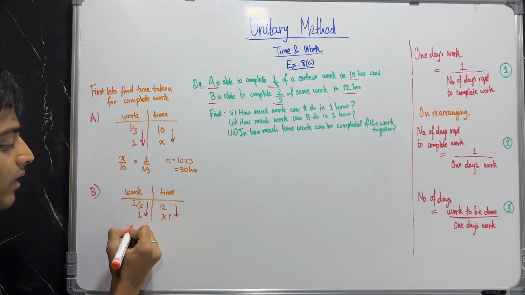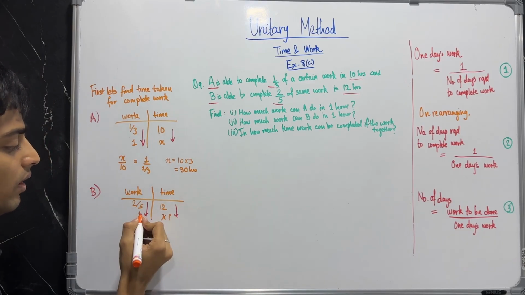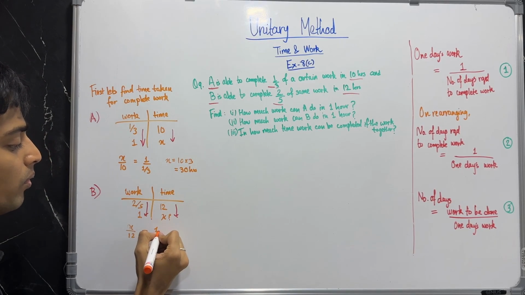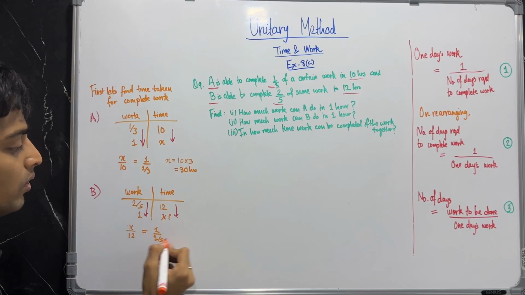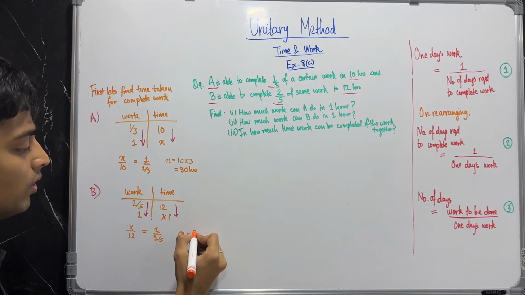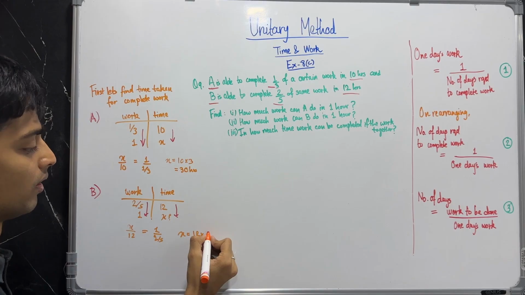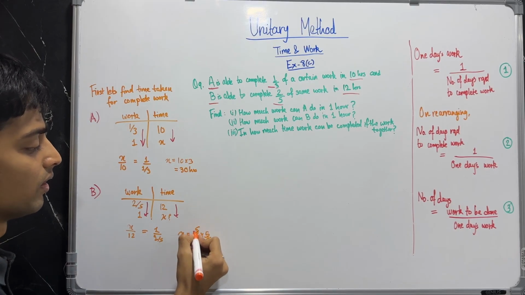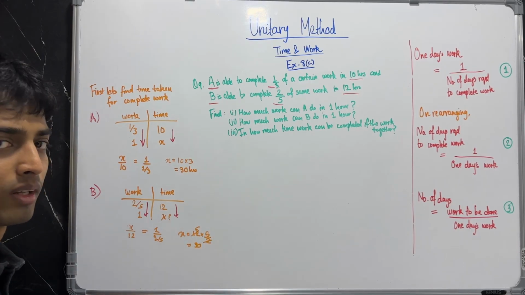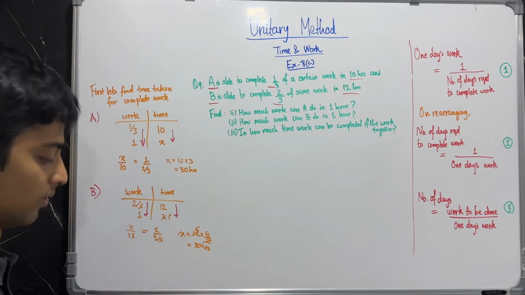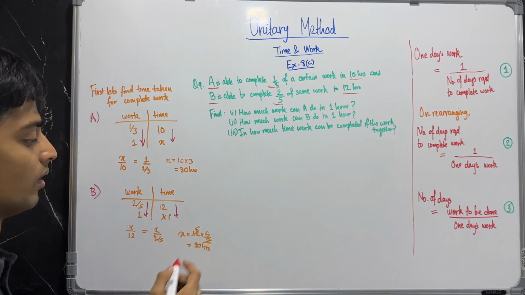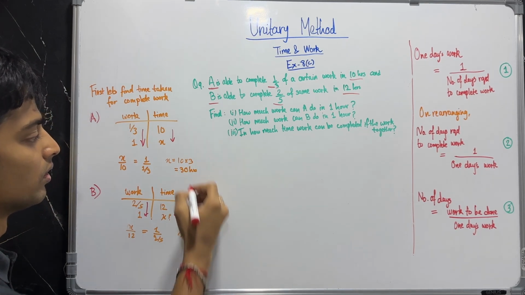We get x upon 12, head upon tail, equal to head upon tail, 1 upon 2 by 5. So we get x equal to 12 multiplied by 5 by 2. 2 6s are, this is 30 hours. Right, so now it's 30 hours for both.